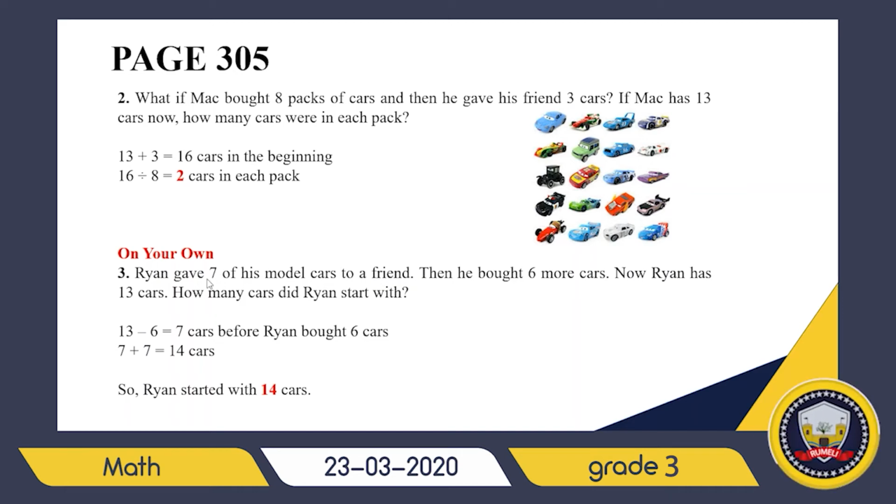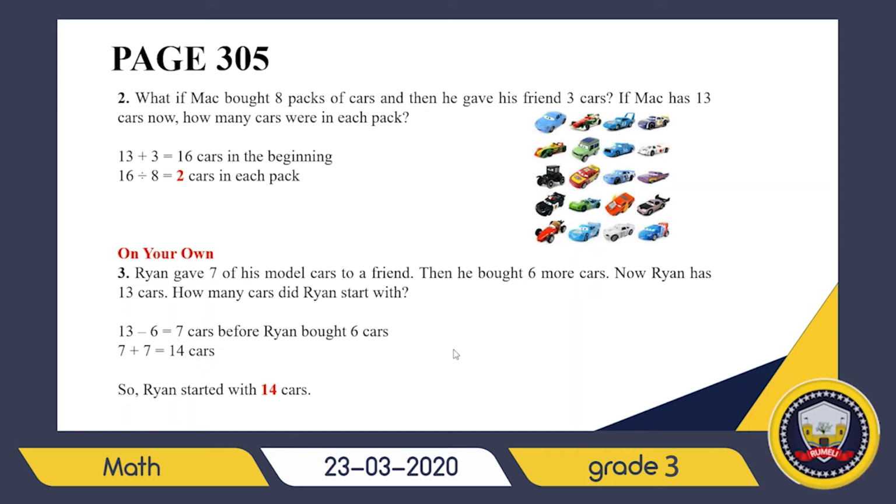If I want to find the total number of cars, I need to do addition. So he has 7 cars after he gave. He gave 7 cars, and in total he has 14 cars before Ryan gave 7 of his model cars to a friend. So Ryan started with 14 cars.